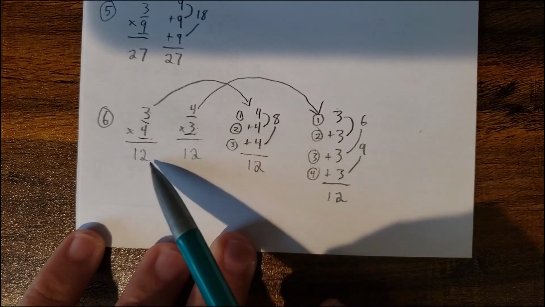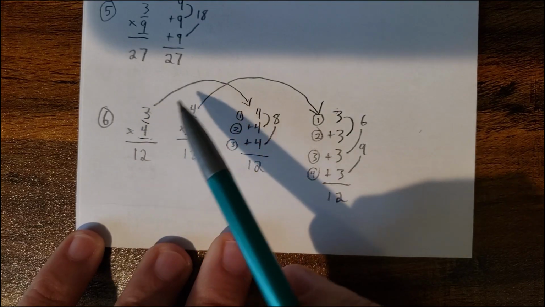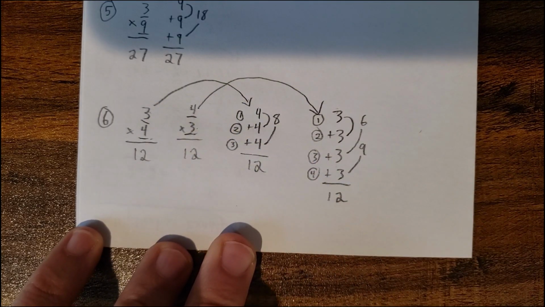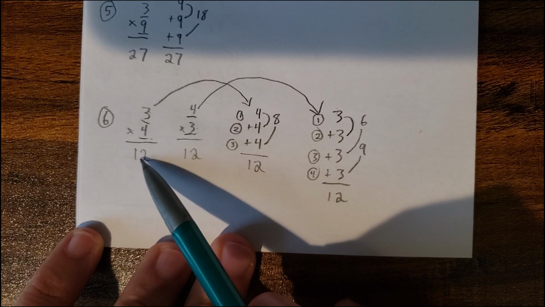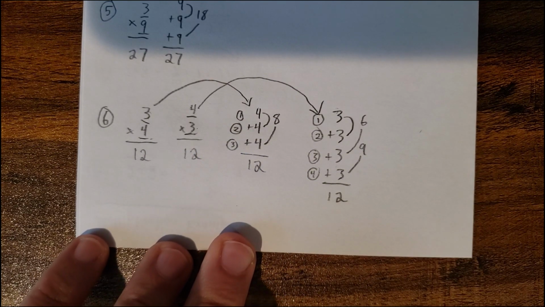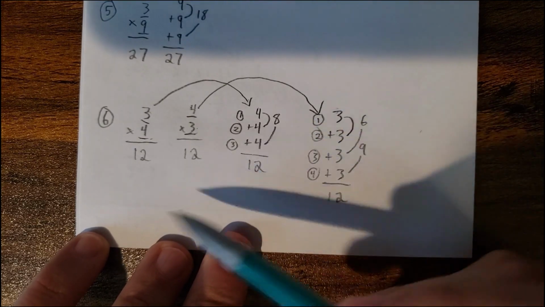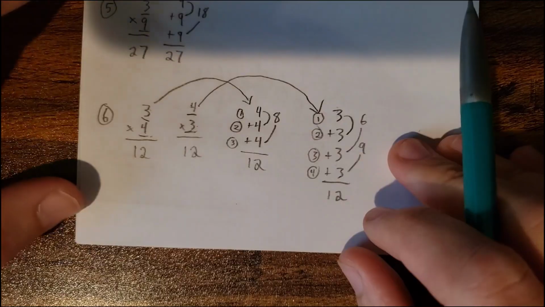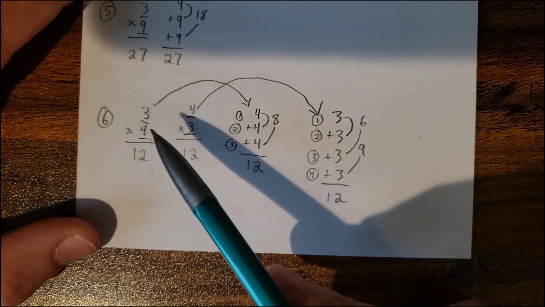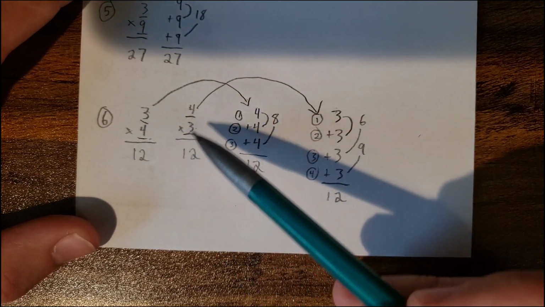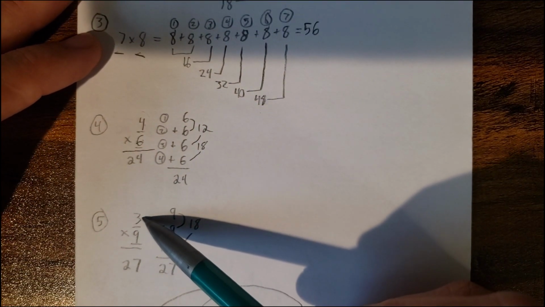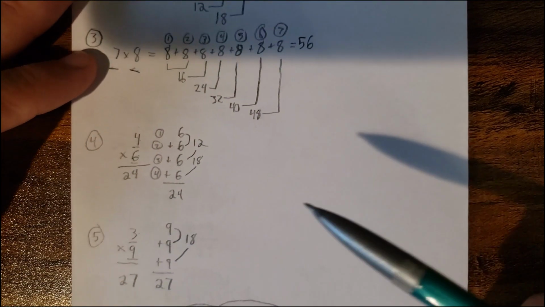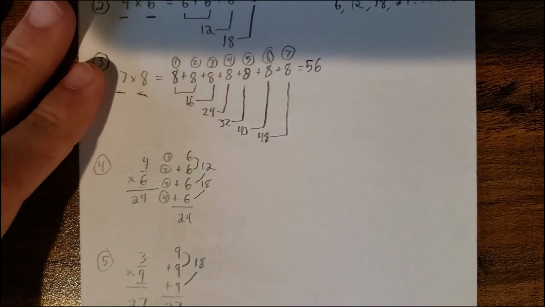We can see here that it doesn't matter which order we do the multiplication in. In both cases, you're going to get the same answer. And that's the same for any set of numbers that are being multiplied together. It doesn't matter if you count it as 3 groups of 4, 4 groups of 3, if we did 3 groups of 9 or 9 groups of 3, so on and so forth.